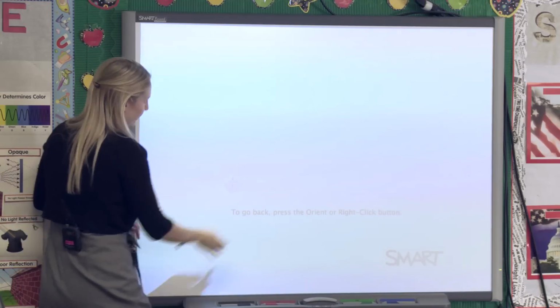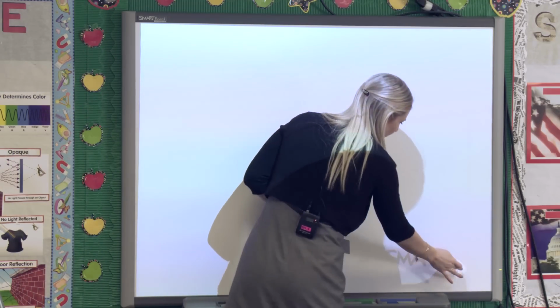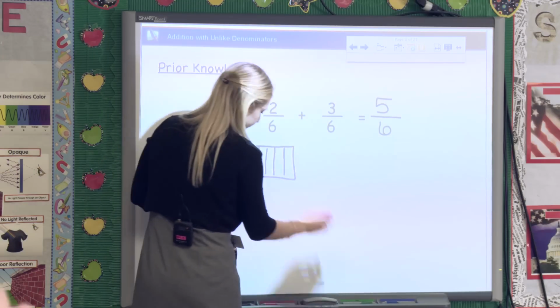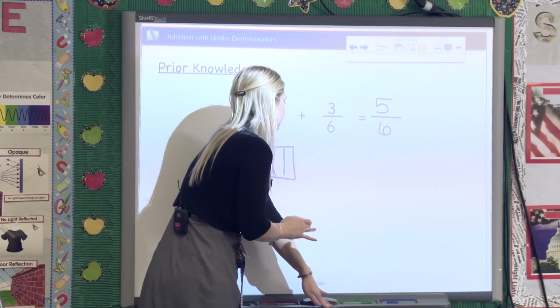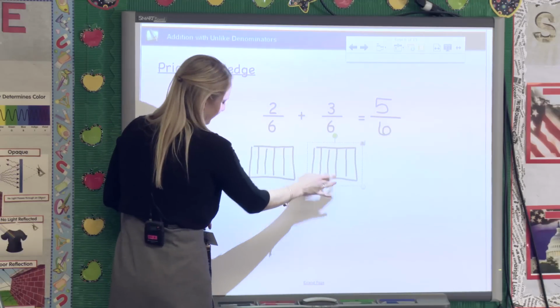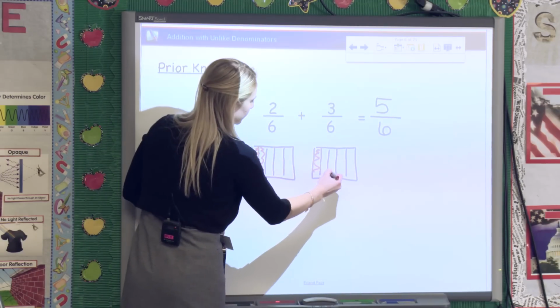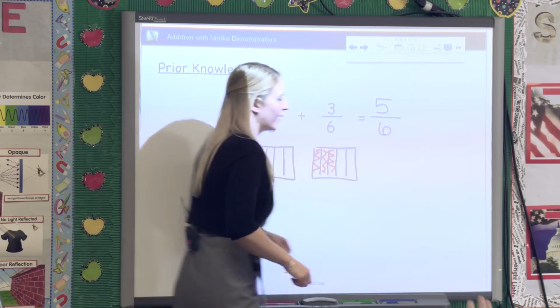Why? Who can prove it? I'm going to draw a picture once the Smartboard cooperates. Who can draw a picture of that for me? There we go. Who can prove it? 2 plus 3 more. Why is it 5/6?